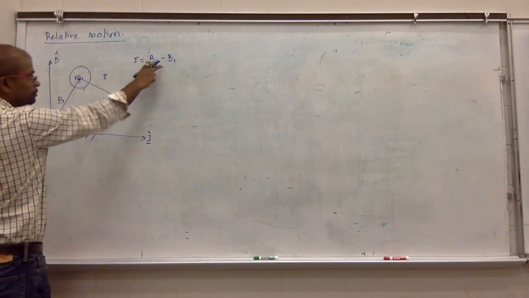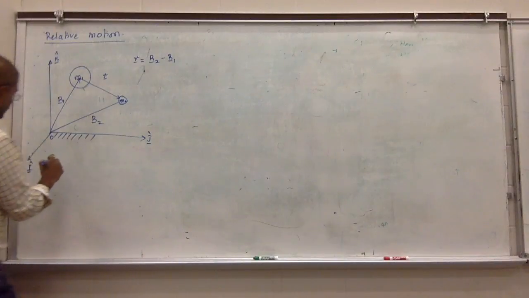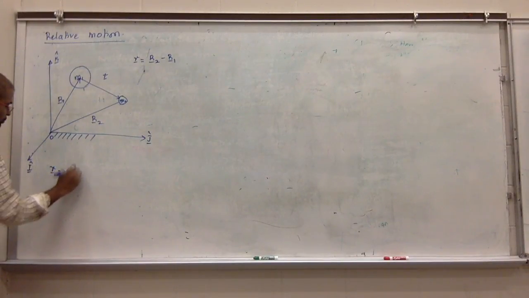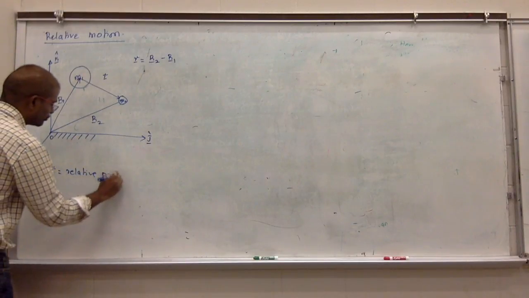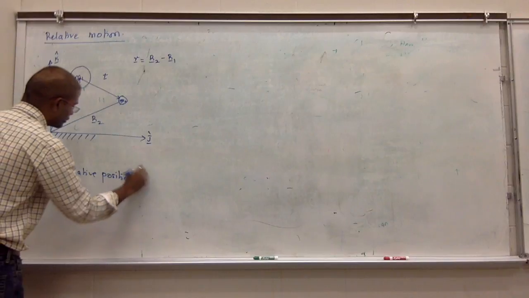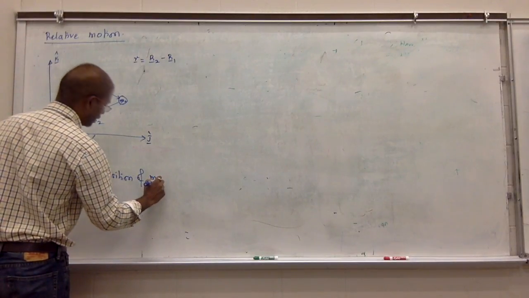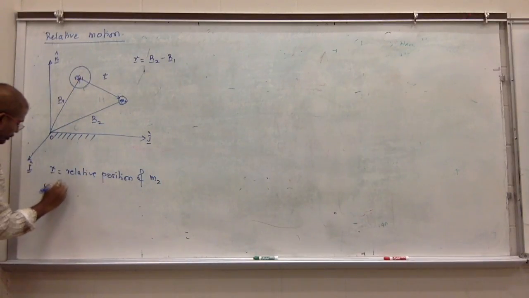So this R is equal to r2 minus r1, and this is the relative position of m2 with respect to m1.